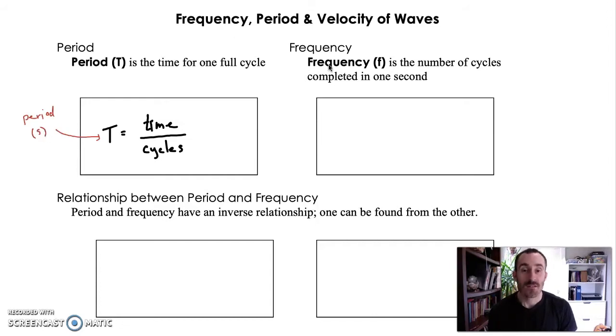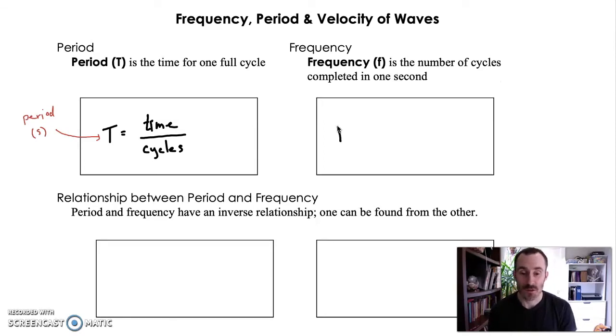Okay, frequency is measuring pretty much the same thing, it's just flipped upside down. So frequency is the number of cycles completed in 1 second. So period was how long does it take to complete one cycle, and frequency is how many cycles can you complete in 1 second.